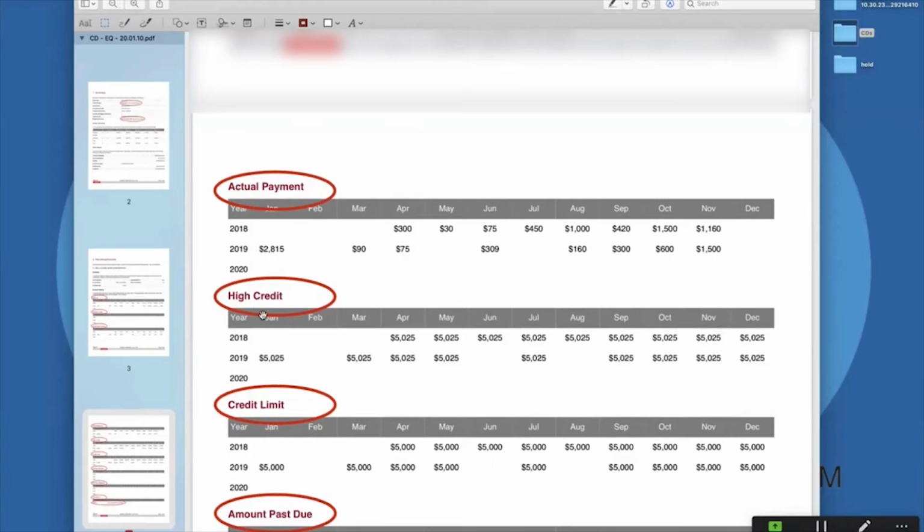Now, notice here though, high credit. High credit is that high watermark. What does it push through? If you've got a $5,000 limit and high credit punches through 525, what that means is there was a point in time where this borrower charged past 95% of the limit. And remember how we talked about in a different episode that you never want to go above 95%.